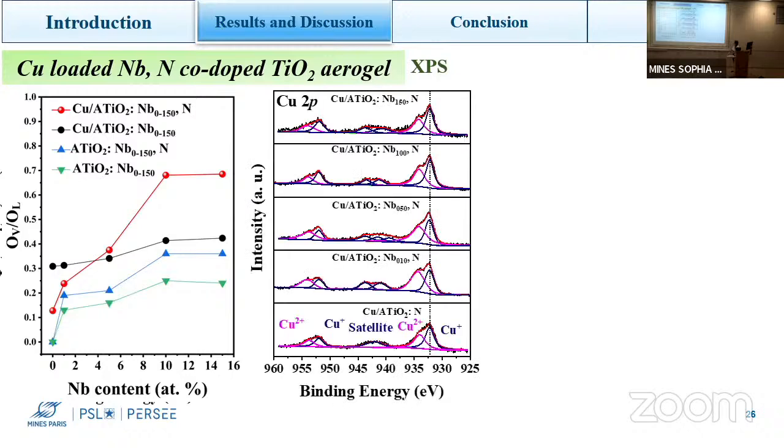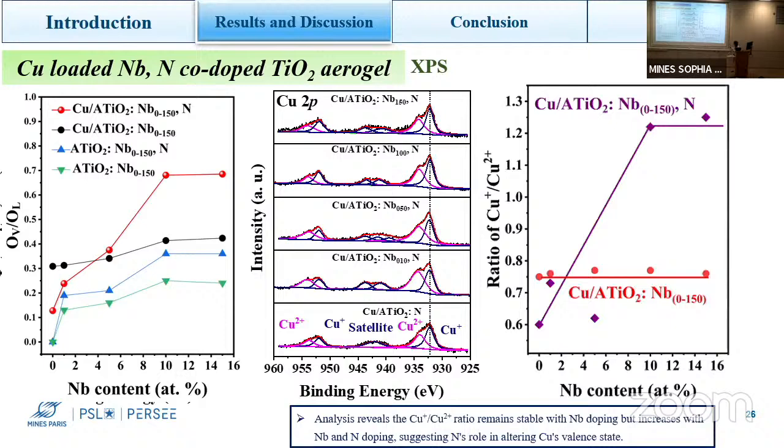And then we see it from copper to niobium, nitrogen co-doped, to see what kind of effect it has on the copper. As we just mentioned, in kerosene in air, copper 1 compared with copper 2 does not change as the niobium doping amount increases, but in the niobium-nitrogen co-doped sample, it's way different.